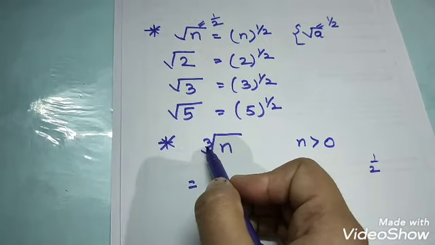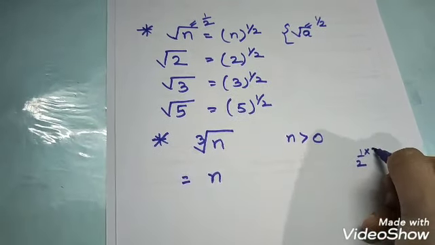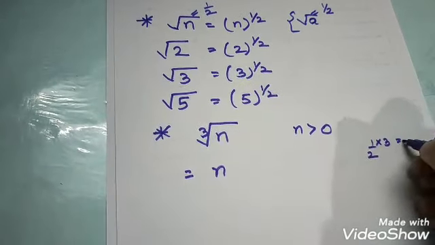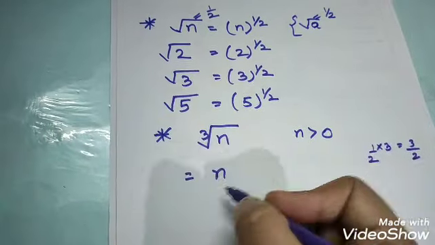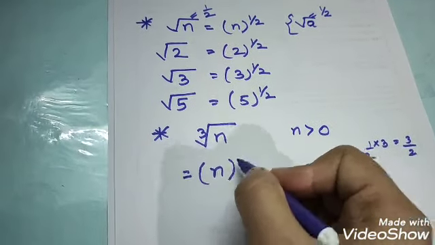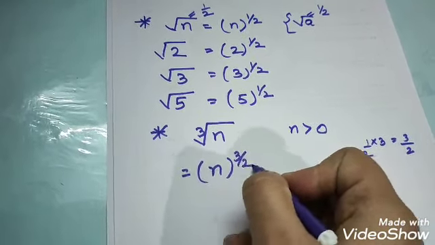Now here it is written 3, so 1 by 2 is multiplied with 3 and it becomes 3 by 2. So it will become n to the power 3 by 2.